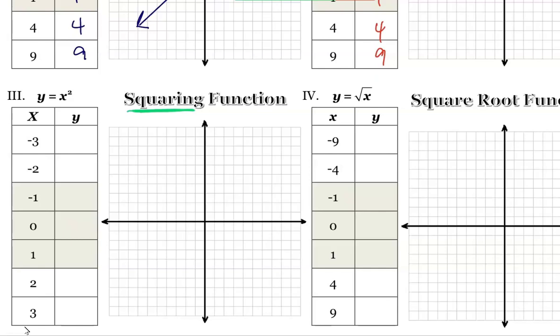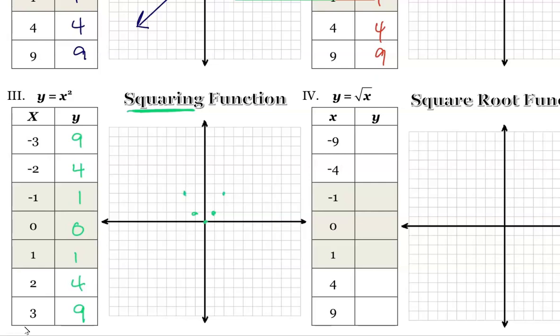Okay, that's -3 times -3, which is +9. -2 times -2, +4. +1, 0, 1, 4, and 9. Okay, plotting that, you should recognize this parent function since you've done a lot of work with that when you were in Algebra 2.